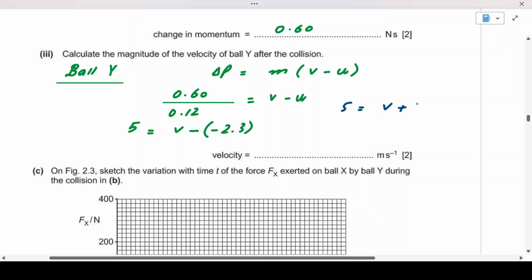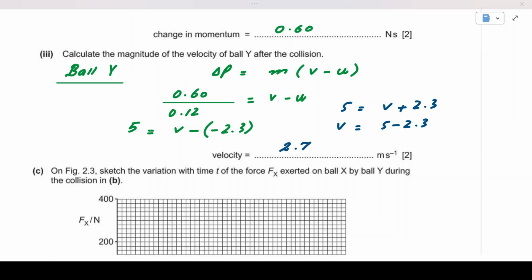V plus 2.3, and then v goes to 5 minus 2.3, and that should be 2.7. So 2.7 meters per second is the final velocity.